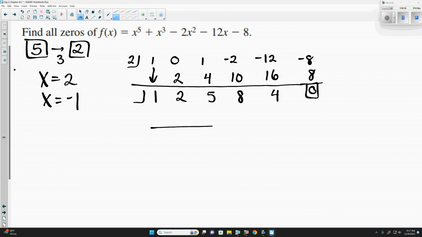Now the other solution they gave us was -1.